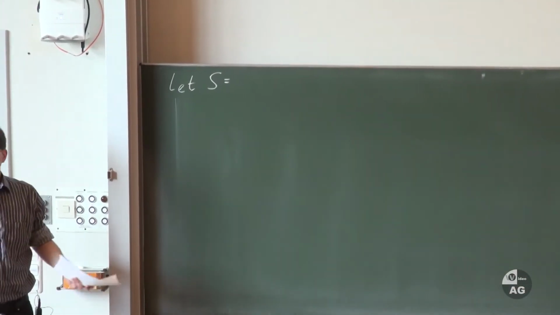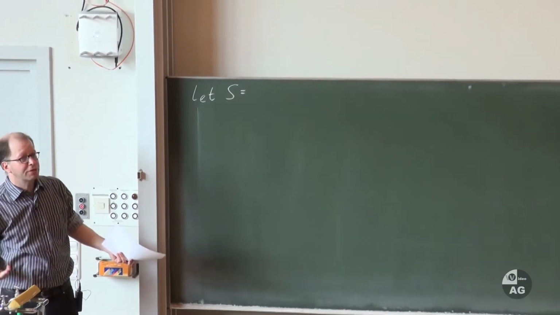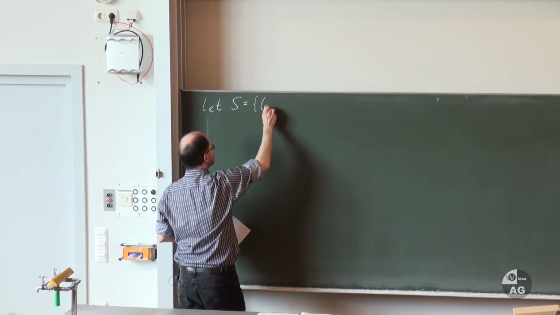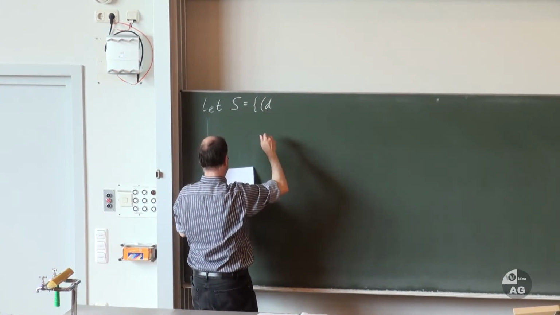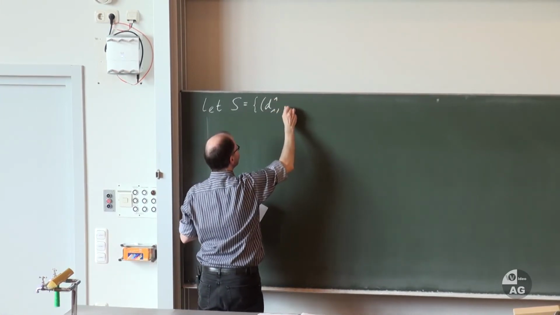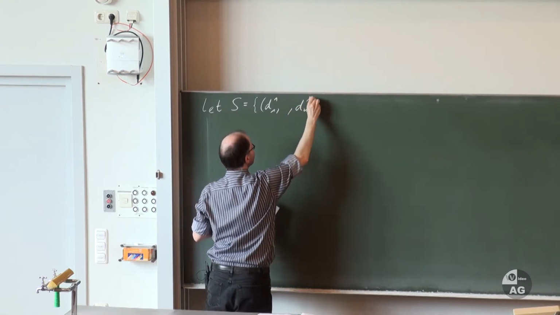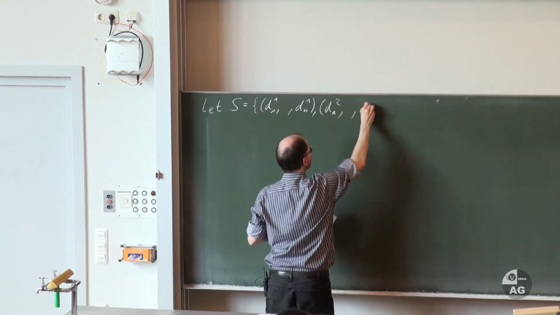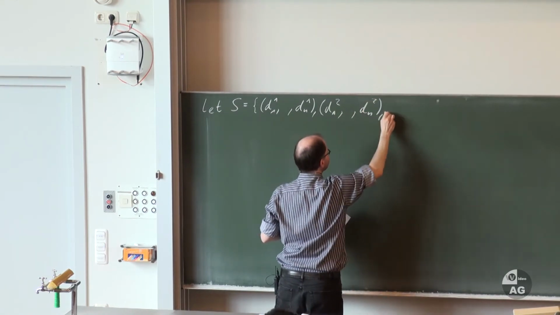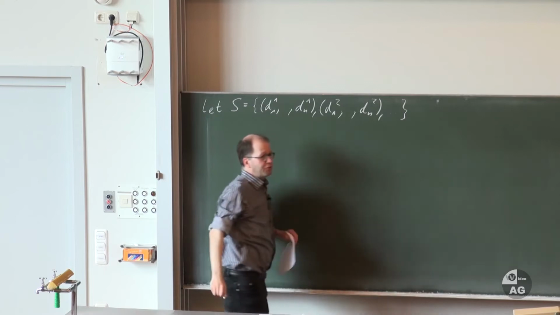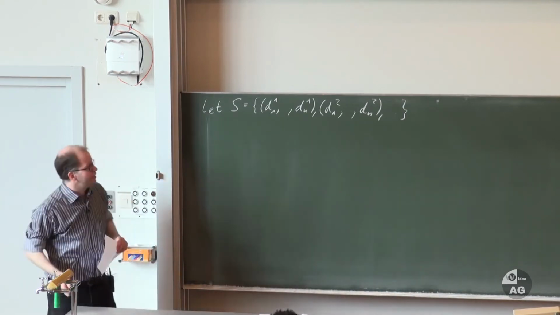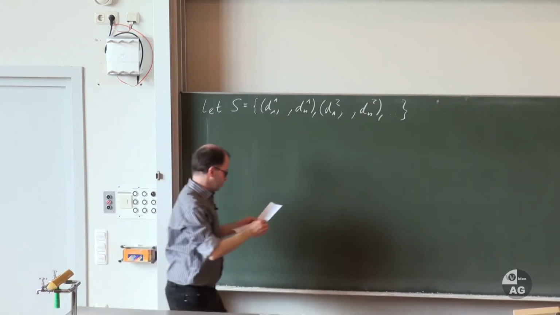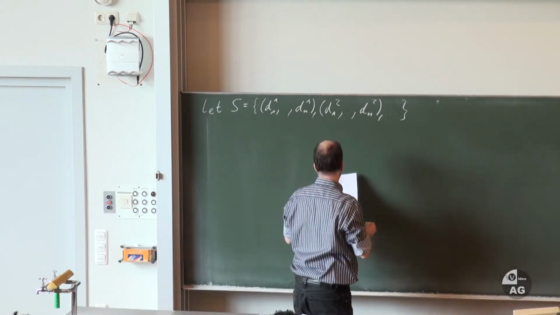Now the chain must consist, well, it's a subset of D1 cross D2 cross ... cross Dn, so it's a set of tuples. So it looks like this: (d11, ..., dn1) and (d12, ..., dn2) and so on. And the chain could be finite or could be infinite. Well, if it's finite, it's trivial that there's a least upper bound. If it's infinite, it's maybe not so trivial.